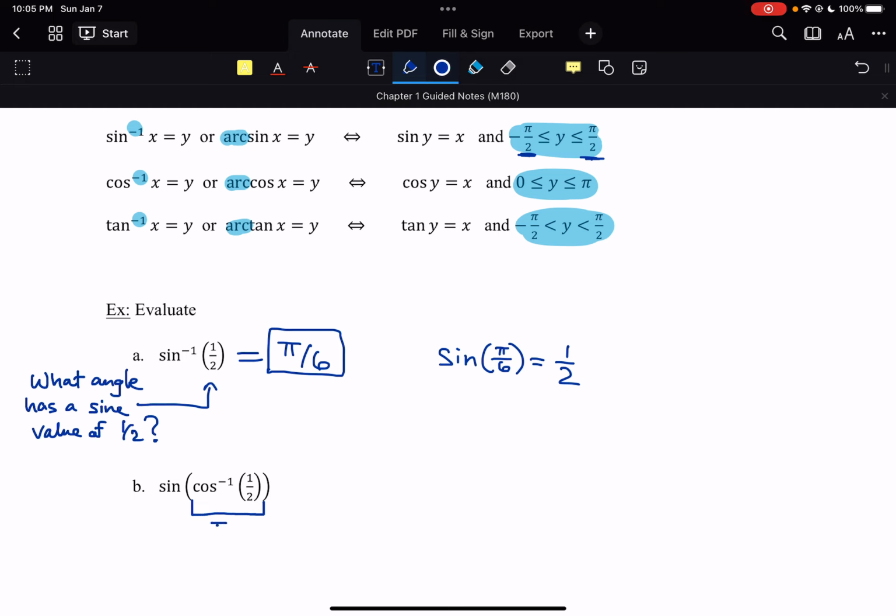And the answer to that is pi over 3. So this question now becomes sine of pi over 3. And sine of pi over 3 is just going in the normal, straightforward direction that we're used to. That's radical 3 over 2.